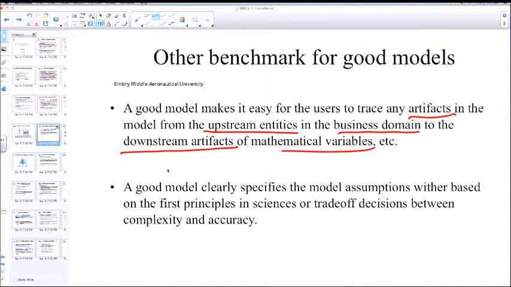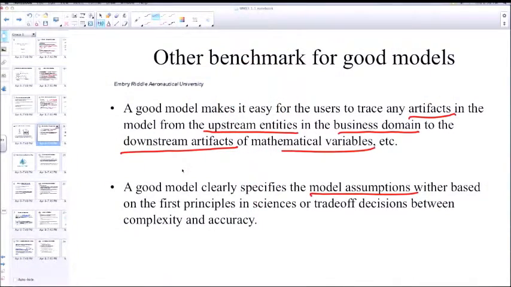So the basic idea is you need to have a very good documentation process. Document why, where this assumption comes from, where this equation comes from, where this variable comes from, what you mean by it.